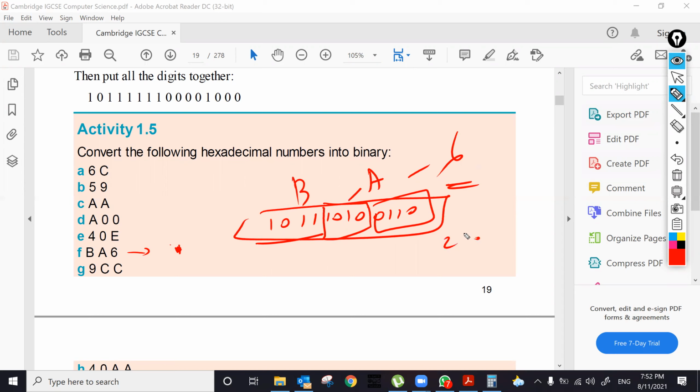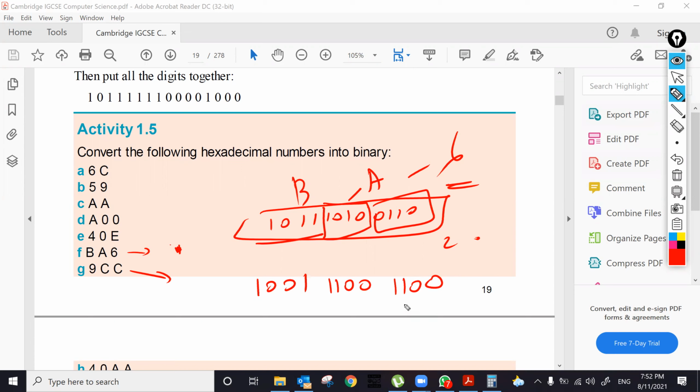Yes, sir. Okay. Sami, what's the output of this? From left to right. I got 1001, 1100, and 1100.